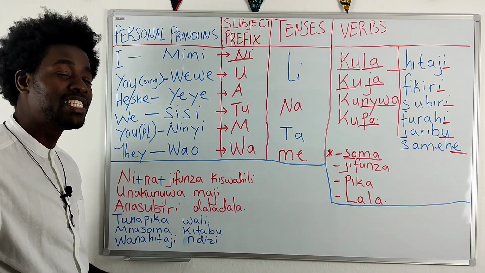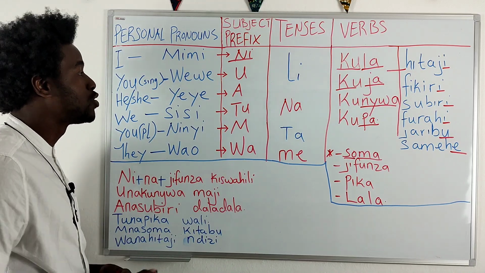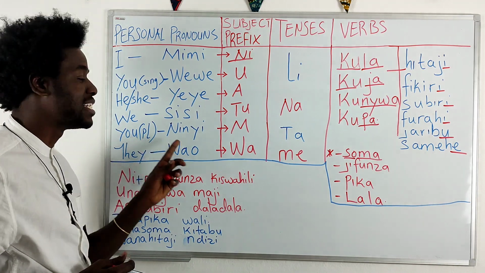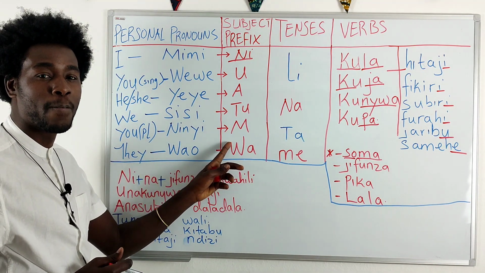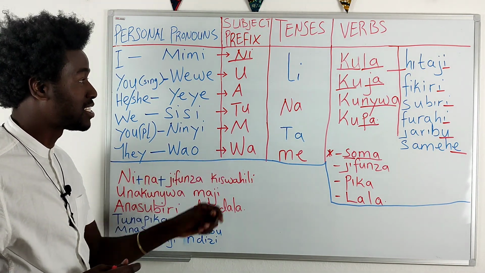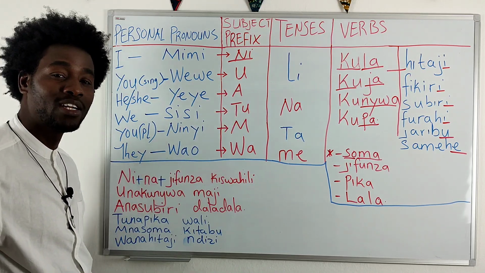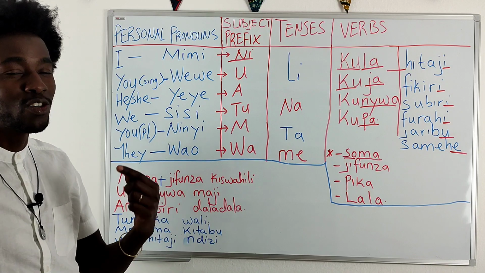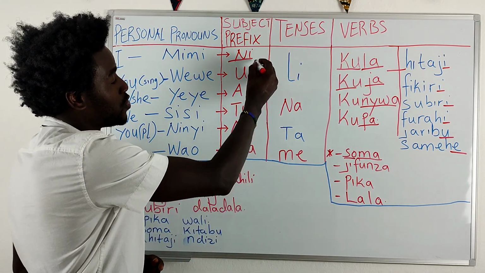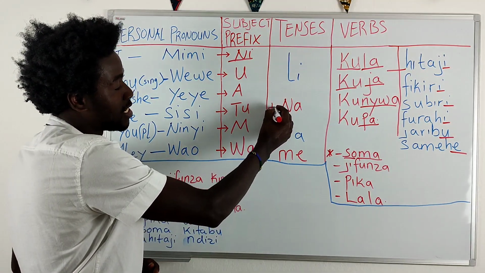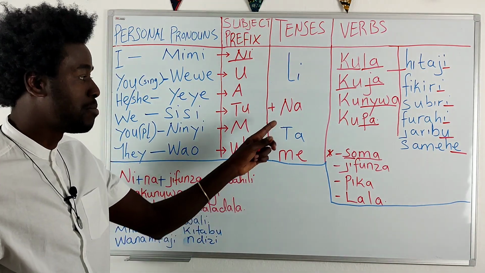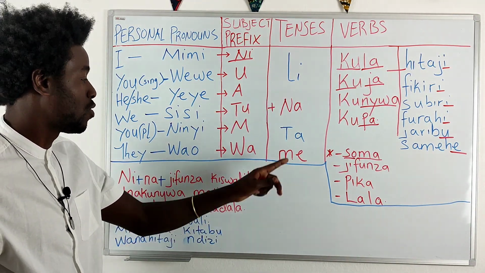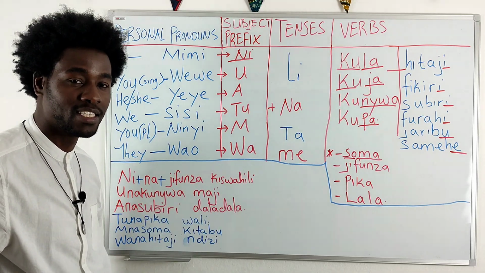And as I told you, it is better in Swahili to drop personal pronouns, but never ever subject prefixes. So rule number 1, you use the subject prefix. Rule number 2, use tense, which could be present tense, past tense, future tense, or present perfect tense.